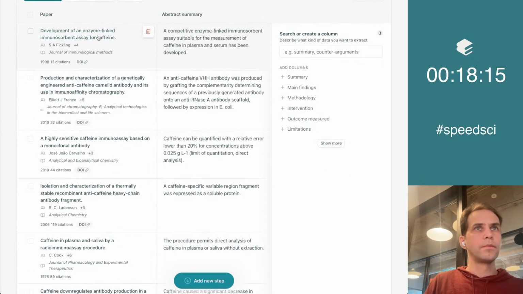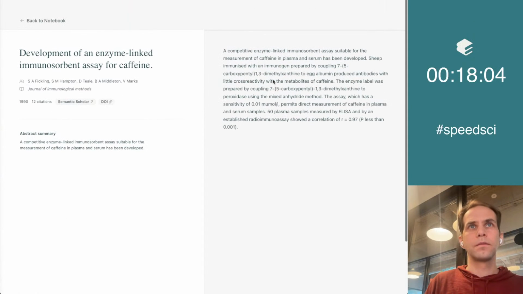Okay, this one seems quite relevant already. Permits direct measurement of caffeine in plasma.